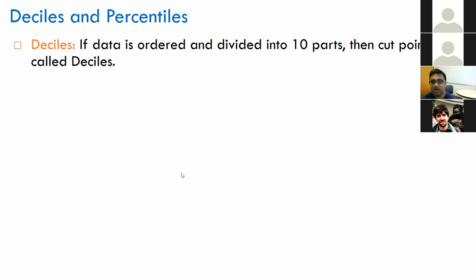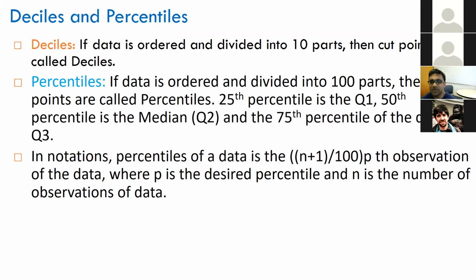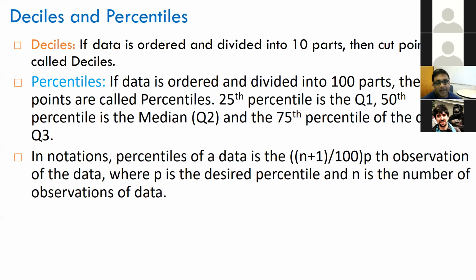Deciles are pretty simple. With quartiles, you divide your data set into 4. With deciles, you divide the data set into 10. And with percentiles, you divide the data set into 100. That's the difference: 4, 10, 100. So you can easily calculate them and get the percentiles or deciles.